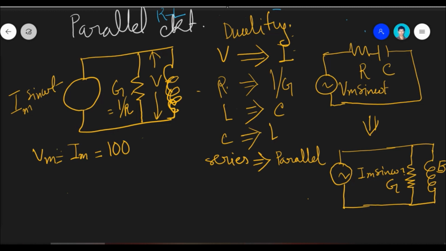Magnitude wise, not considering the unit, only Vm and Im is equal to 100.